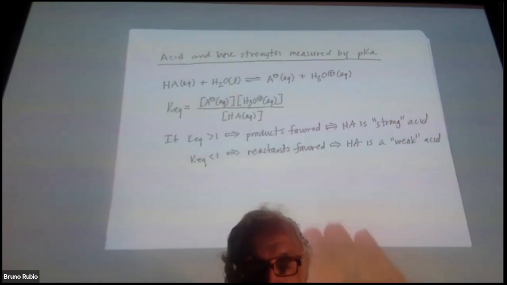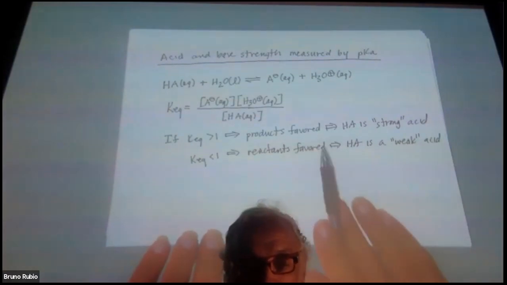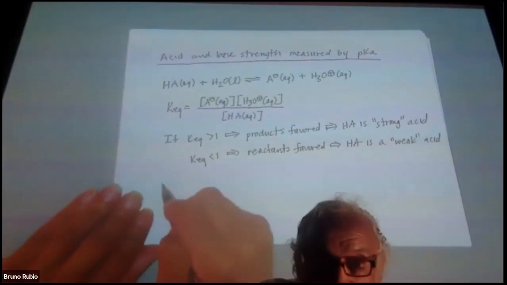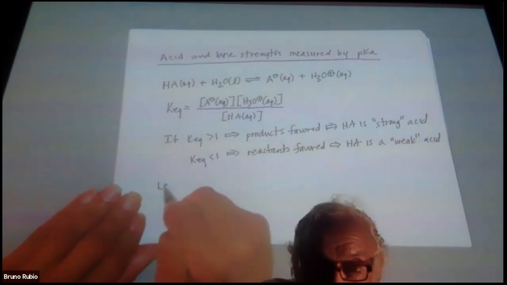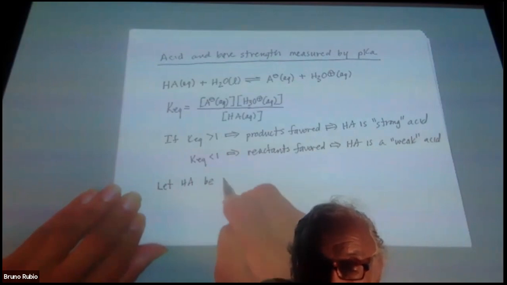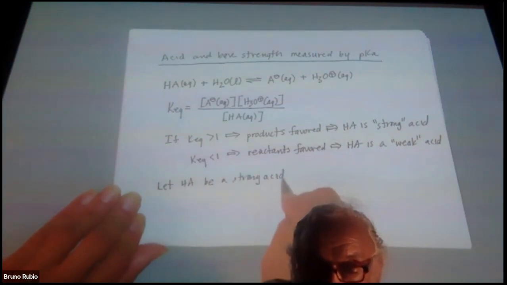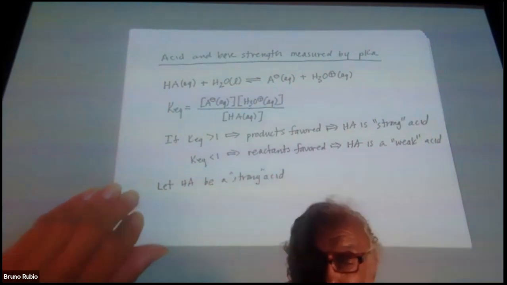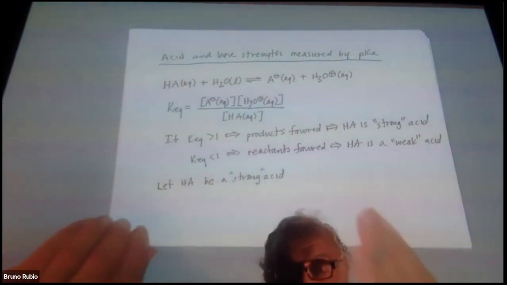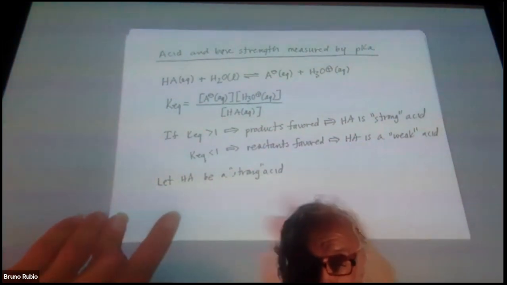Now, another thing to notice about this equilibrium expression is, let HA be a strong acid. We can rewrite the equilibrium in a slightly different way to emphasize that it is a strong acid.